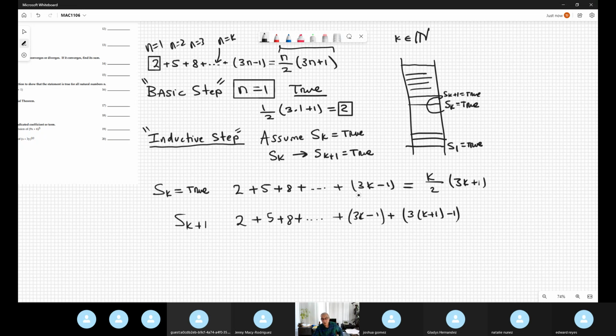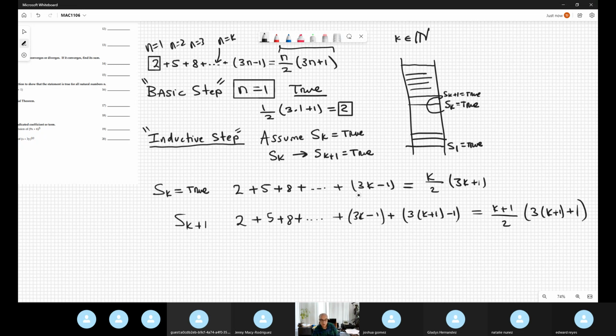Okay, the ordering is one more after k. Suppose k is 400, 401. And the right hand side, we are doing exactly the same. You replace k for k plus 1. k plus 1 over 2 and 3k plus 1 plus 1. Okay, close the parentheses and that's it.